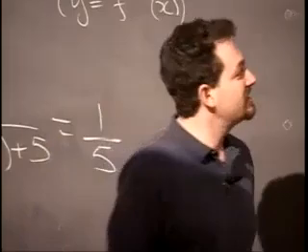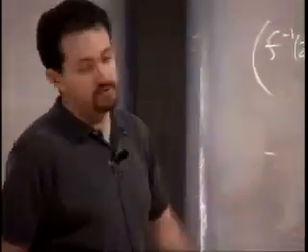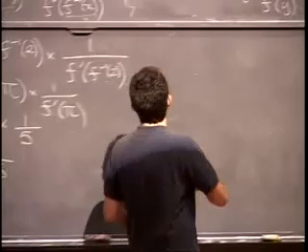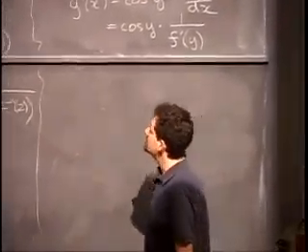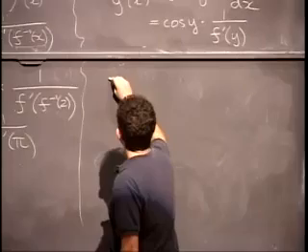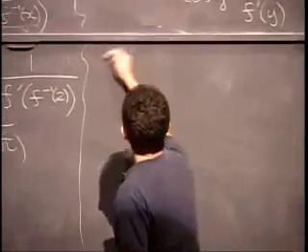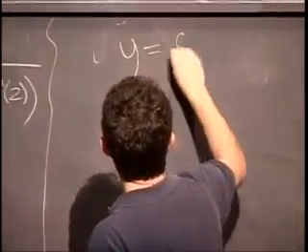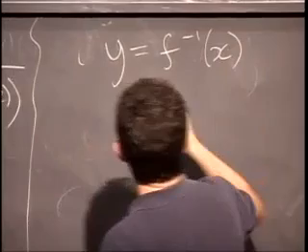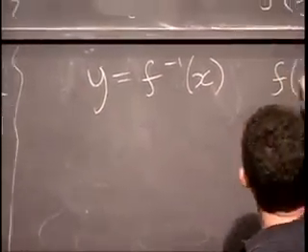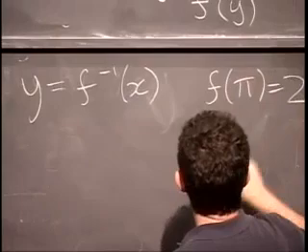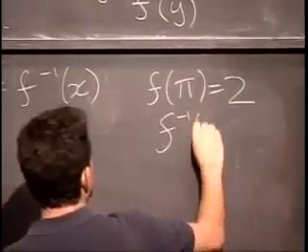Now, the thing is, that's the purest way of doing it. If you want to come over here and do it in terms of y's, then you have to do a little bit extra work from the original. You have to start off with we've already said that y is f inverse of x. So we know that f of pi equals 2. So f inverse of 2 equals pi.